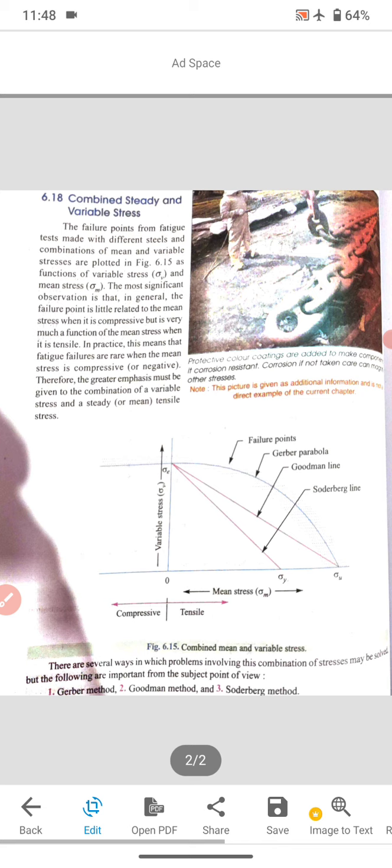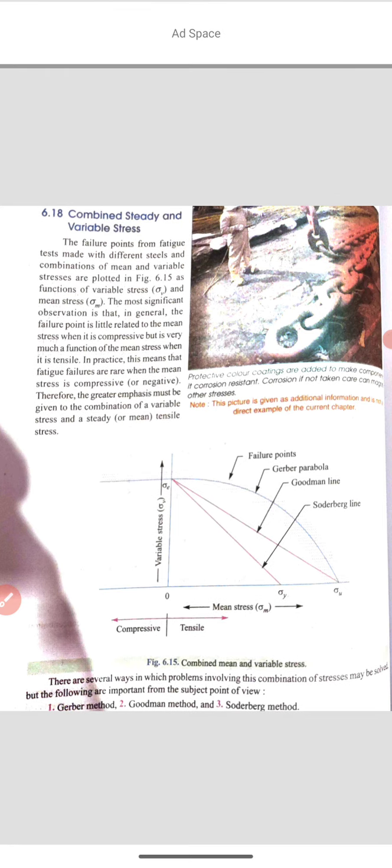If you calculate against a parabola and if you calculate against a line, you may easily get your values against the line. It is easier to calculate with a line as compared to a parabola.